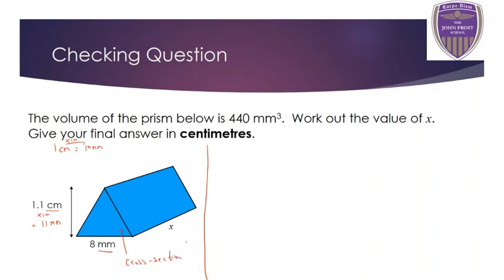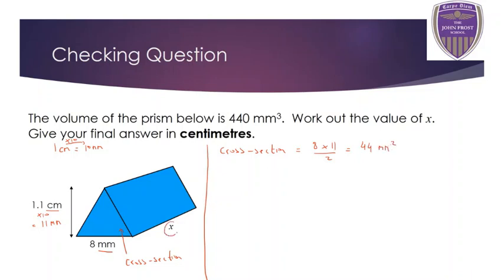Let's think about the cross section first because it mentions the volume. It's base times height divided by 2. 8 11s are 88, divided by 2 is 44. This would be millimeters squared at the moment.